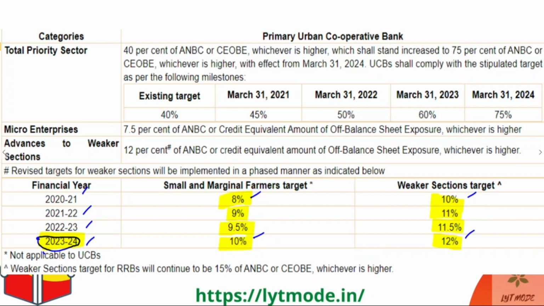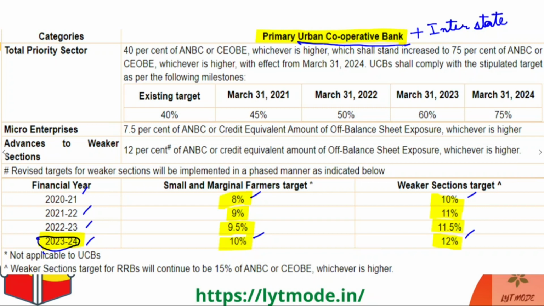And now another important development that happened was primary urban cooperative banks. So recently the urban cooperative banks plus the interstate cooperative banks, both of them, have been brought under the Reserve Bank of India.